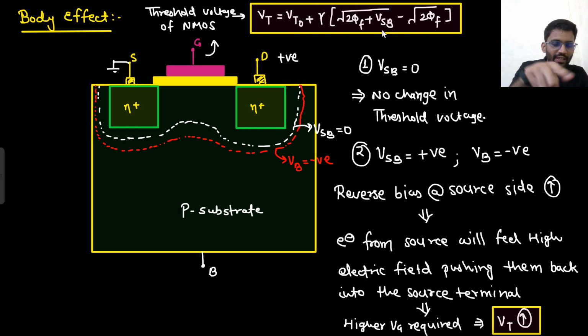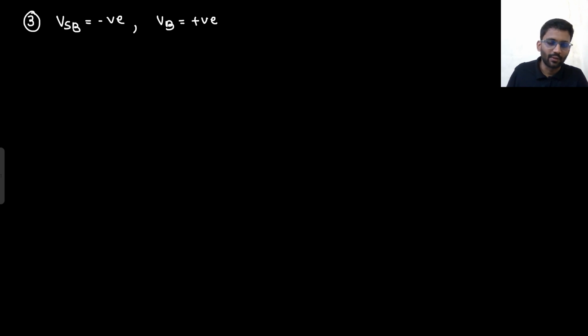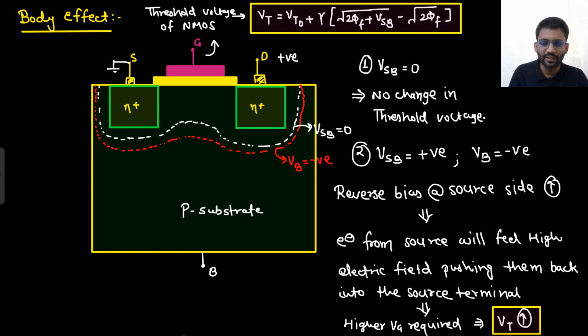VB is positive, that means VSB is negative, so this factor will be less. Less minus high, that means this factor will be negative. So VT should decrease, and this is what happens. The threshold voltage decreases. If VB is positive or VSB is negative, the threshold voltage will decrease.